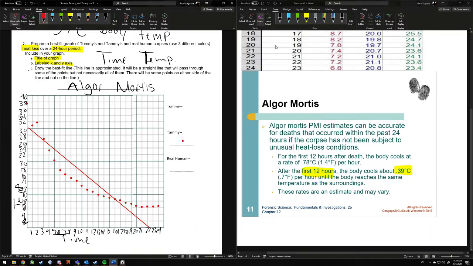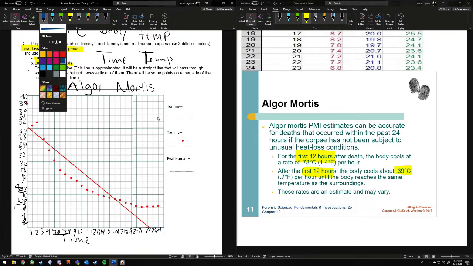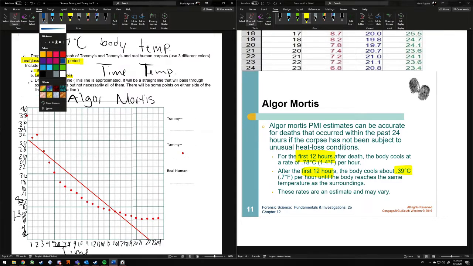Okay, so there's two really important things on this slide. For the first 12 hours after death, the body cools at a rate of 0.78 degrees Celsius per hour. So let's make this one blue, like so. And I know that the normal body temperature is 37 degrees Celsius.